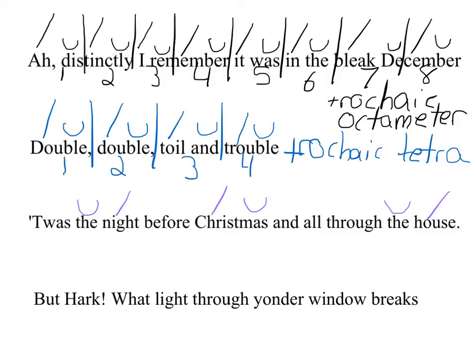How many snaps were there? 'Twas the night before Christmas and all through the house. 4. We heard 4 snaps, so we should have 4 stresses. 'Twas the night, stressed, so that's good. Before Christmas. 'Twas the night before Christmas and all, so there reveals our 4th. Through the house.